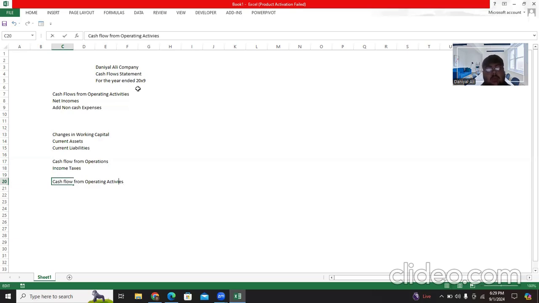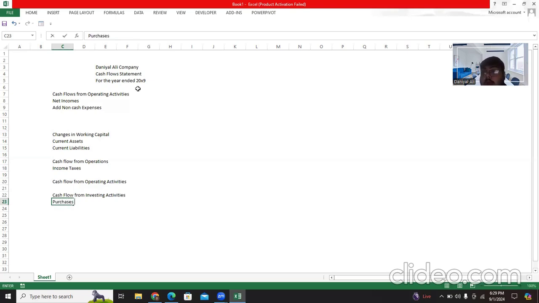Below the operating cash flows, you get cash flow from investing activities. You add on your purchases.